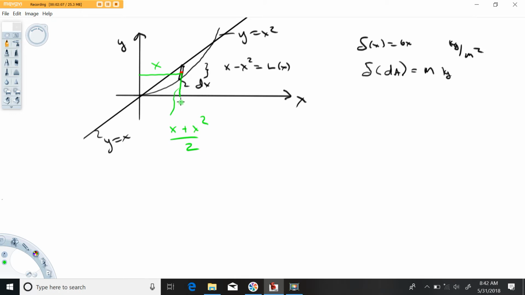Right? That's this y value plus this y value divided by 2. So that's going to give us y bar for the rectangle. All right. So to find the x coordinate of the centroid, we're going to take the x coordinate for the rectangle.